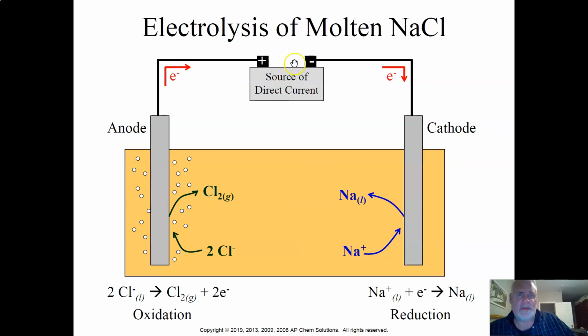For example, if you were to have this molten NaCl, you could hook it up to a power source, and what's going to happen is on the negative terminal of the battery, the electrons are going to go toward the cathode right here because they're going to be gaining electrons.